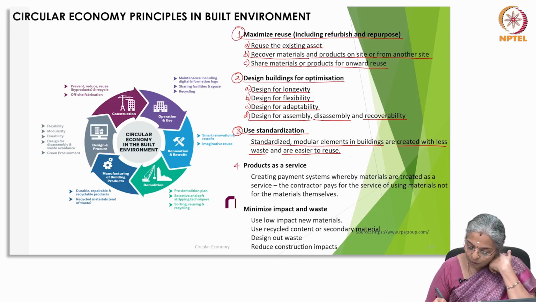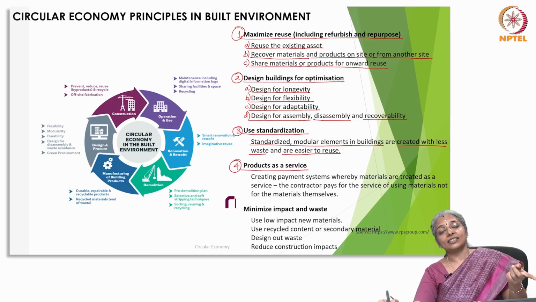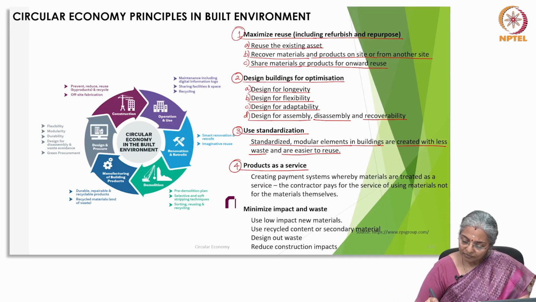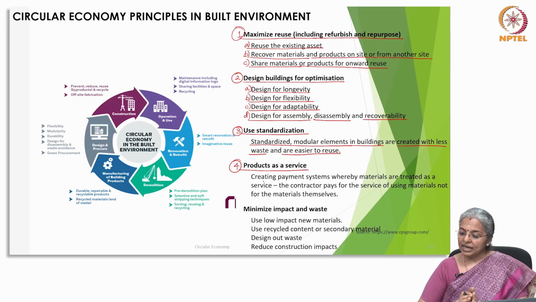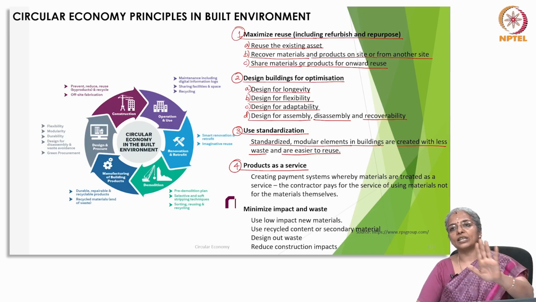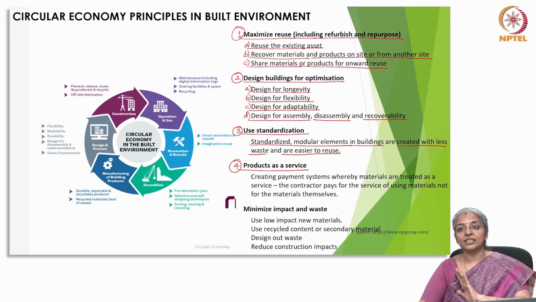Next is products to be used as a service and the client as a user, not a consumer. So, we should have systems where materials are treated as a service and the contractor will pay for the service of using materials, not for the materials themselves.